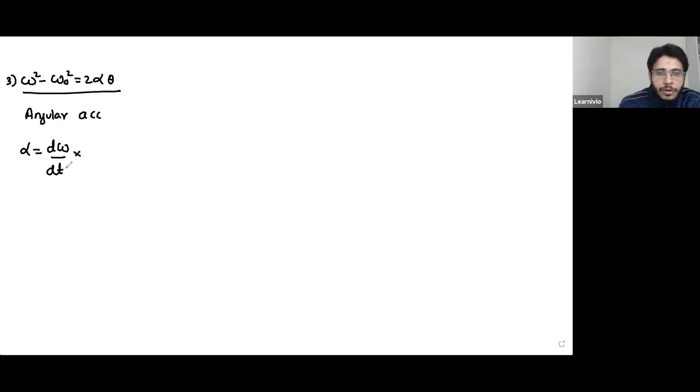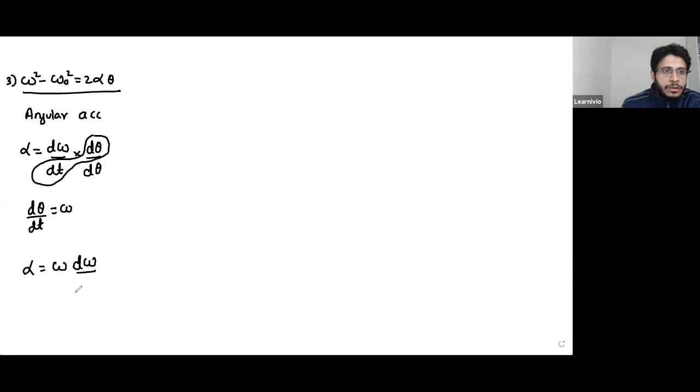So somehow you have to eliminate time. To eliminate time, you can multiply numerator and denominator by d theta. This d theta over dt is omega. So you can write alpha as omega into d omega over d theta. Multiplying d theta to the left hand side, alpha d theta is omega d omega.